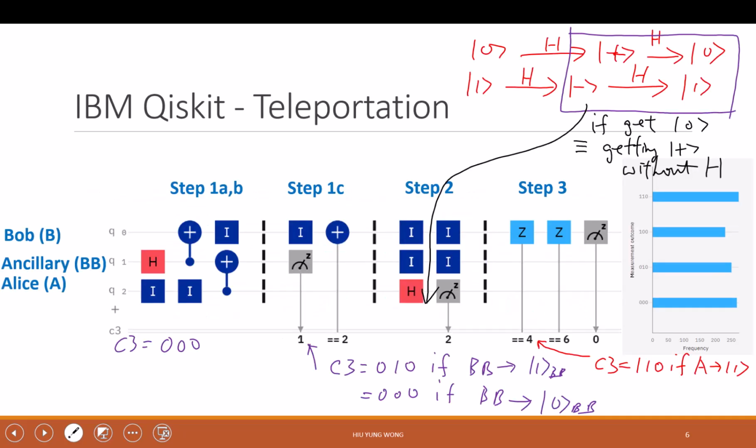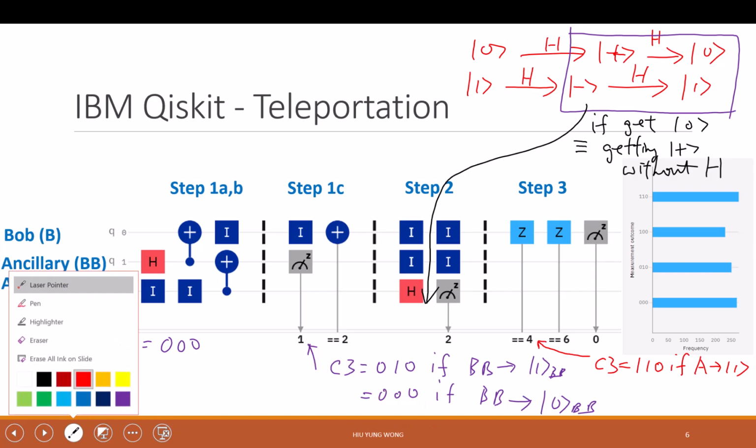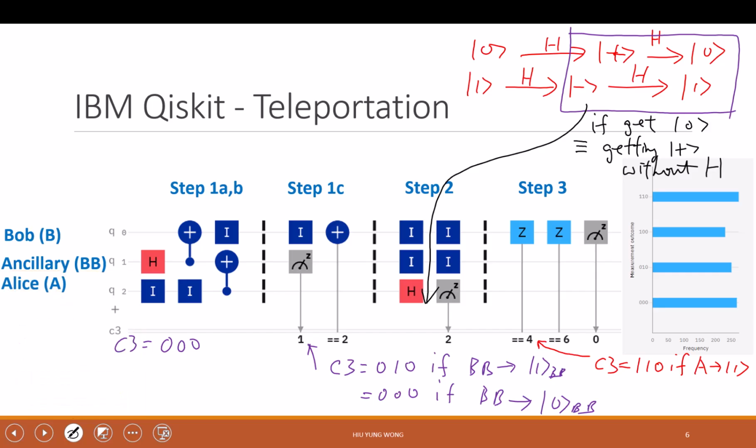But it's also possible that at the previous step, I might also have 0, 0, 0 in this case. It can become 1, 0, 0 if A collapses to 1, because here I might get 0 or 1.